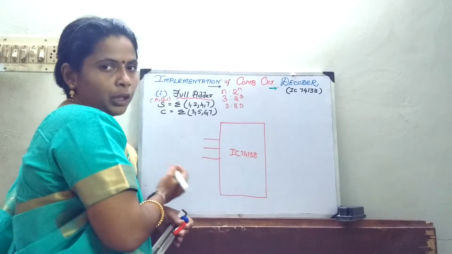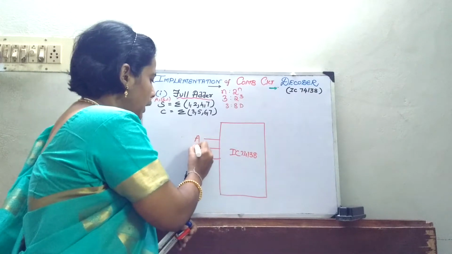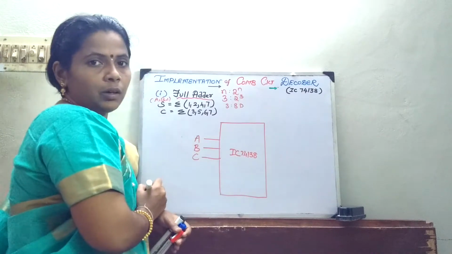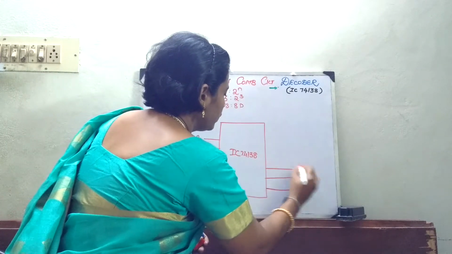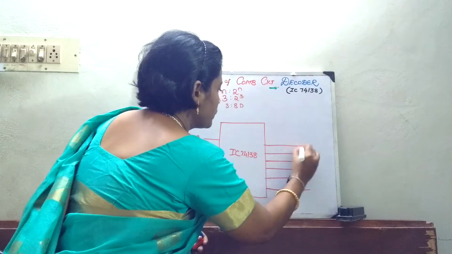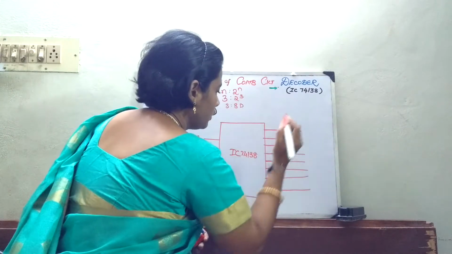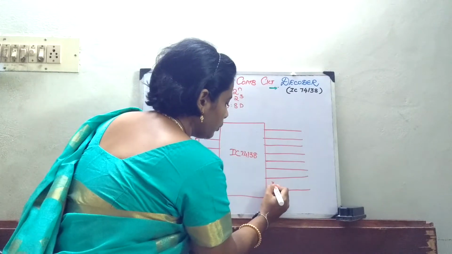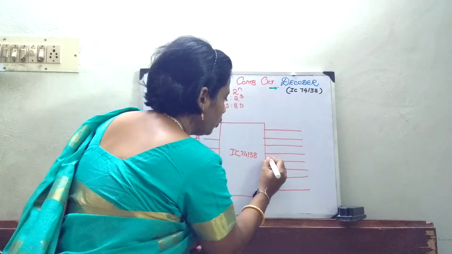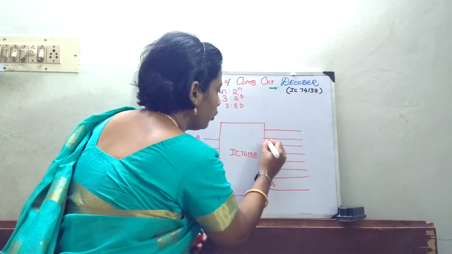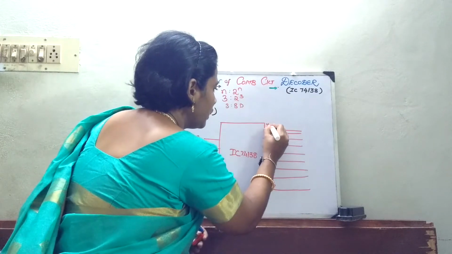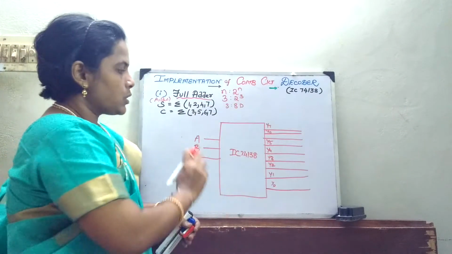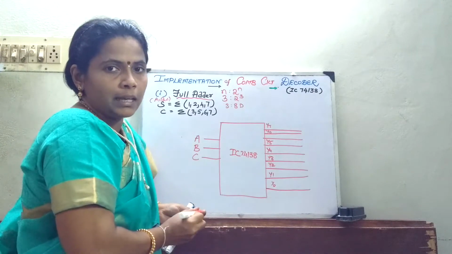I am going to have 3 inputs, A, B and C. My outputs are going to be Y0, Y1, Y2, Y3, Y4, Y5, Y6 and Y7. So the outline of your decoder has been drawn.